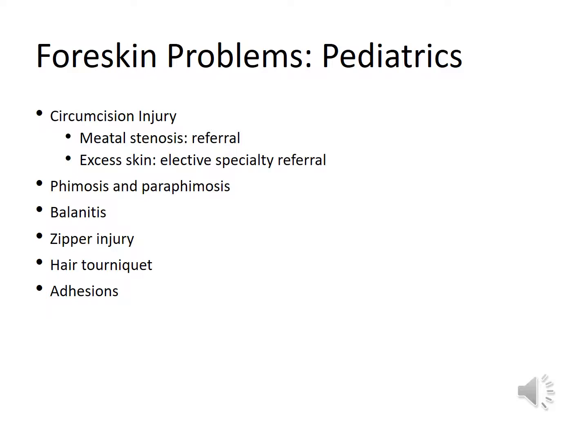Minor adhesions are common after circumcisions, and they consist of tiny fusions between the foreskin and the corona of the penis. Usually they resolve in time.